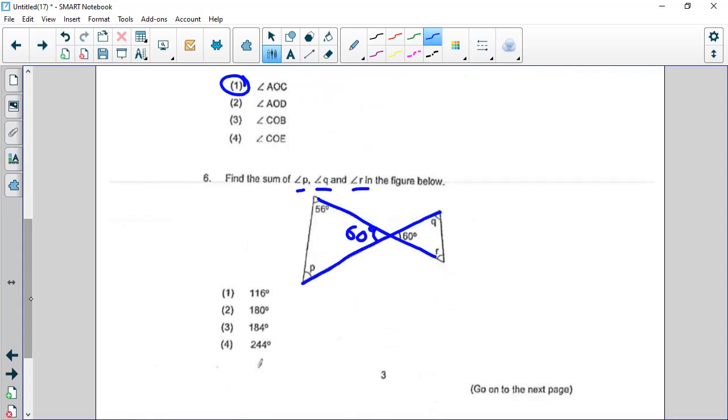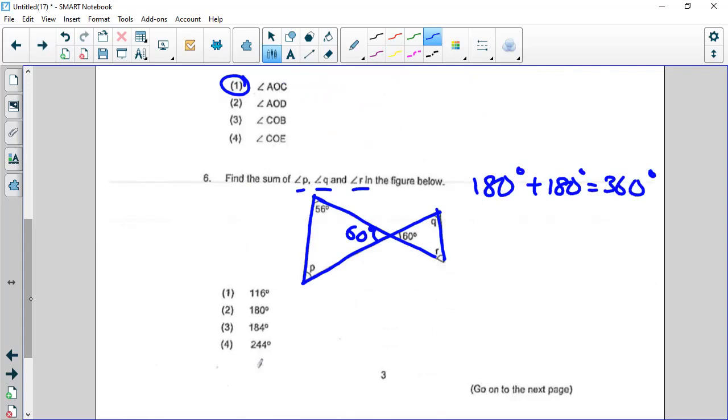Then if you look carefully, how many triangles do you see? You can see two triangles. The sum of angles in one triangle is 180. There is another triangle, which is 180 also. So you add them together, 360 degrees. All the angles inside the two triangles add together to 360.